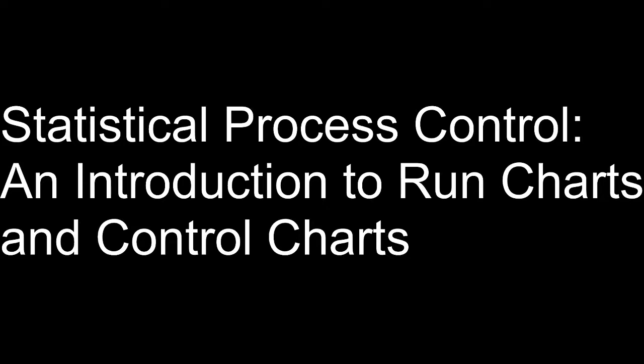So that's what we're doing in statistical process control: looking at a process over some period of time and seeing if we can see possible errors in the data, reasons that the process we're looking at may be in or out of control.